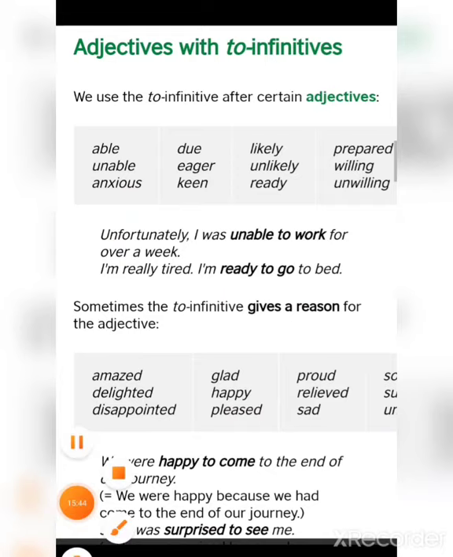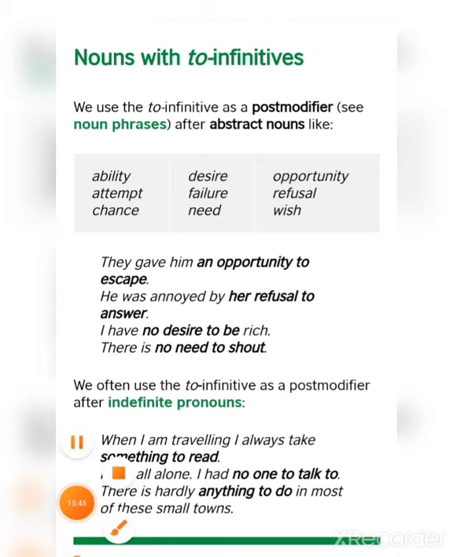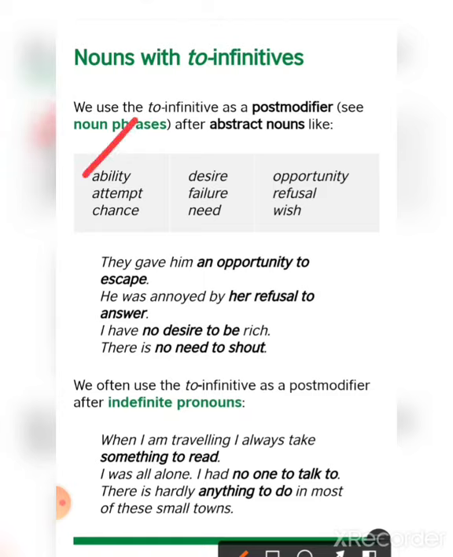Okay. Now let me give you some examples of nouns with to infinitives. After nouns like ability, attempt, chance, desire, failure, need, opportunity, refusal, wish, you can use to infinitives. For example, they gave him an opportunity to escape. Opportunity is a noun.